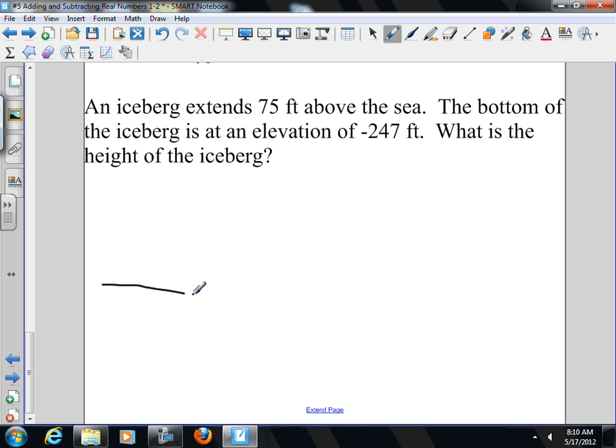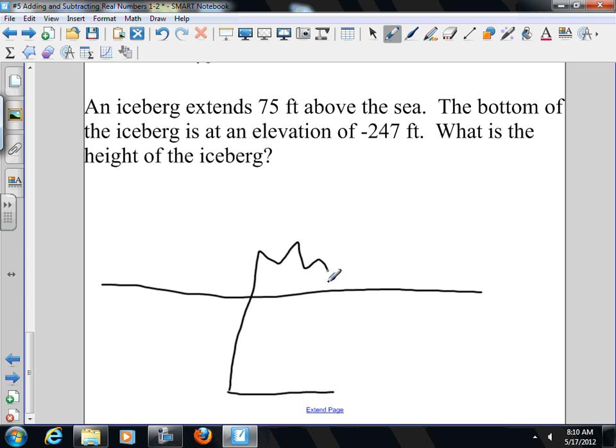So think of the sea being like so, and here is your iceberg starting at the bottom, and let's say it goes like this. Here you're at negative 247 feet below the sea. Here you're at 0 because you're at sea level, and its high point right here extends to 75 feet. So how would we figure out the height of the iceberg?